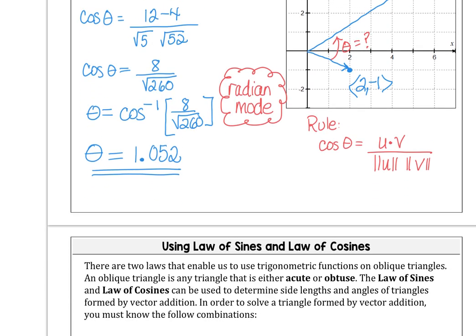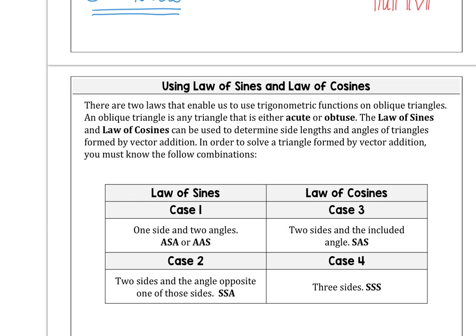Then at the end here, we're going to use the law of sines and cosines. I believe this is something that's not tested on the AP exam, but it is used for practical applications. There are two laws that give us a chance to use trig functions on oblique triangles.